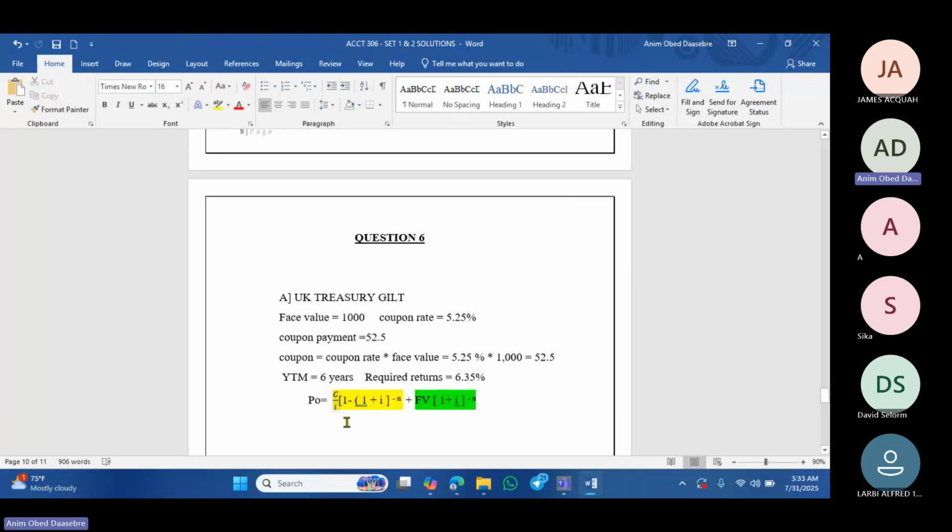So we are using this formula. The yellow one is for the coupon payments, and the green one is for the present value of the last payment that will be made at maturity. So the C here is the coupon payments, 52.5 euro.